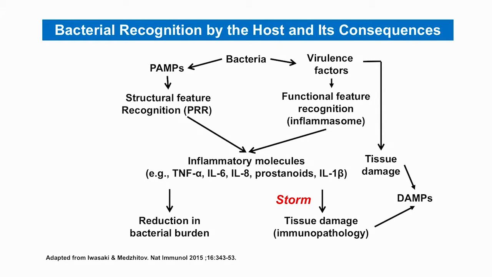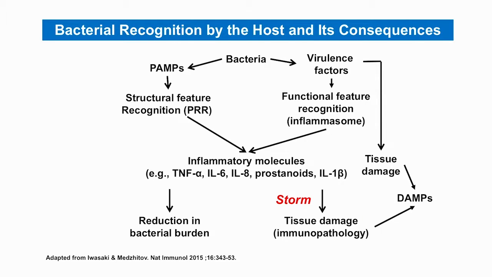And in this cartoon you can see that both structural feature recognition and functional feature recognition converge in the induction of several pro-inflammatory or inflammatory molecules, including TNF-alpha, IL-6, IL-8, a lot of prostanoids, interleukin-1 beta, etc. And the primary objective of this inflammatory response is to reduce bacterial burden. It is very useful for the host.